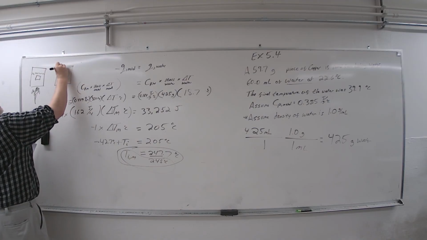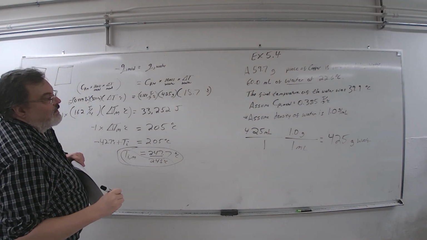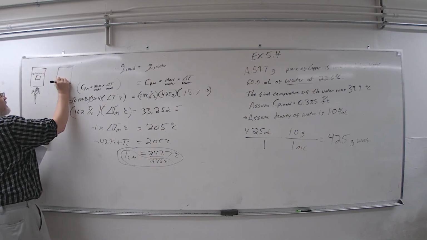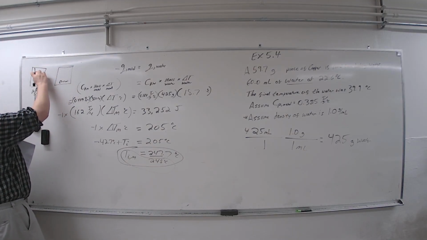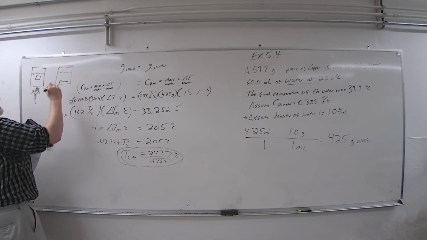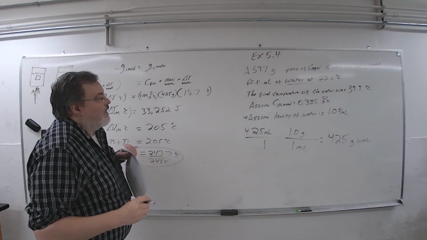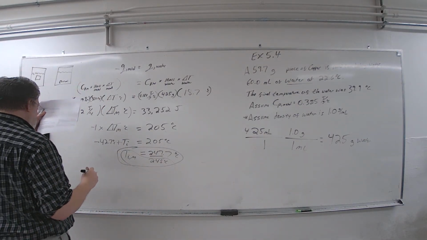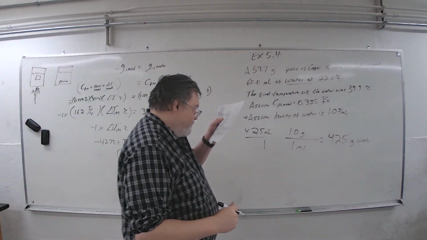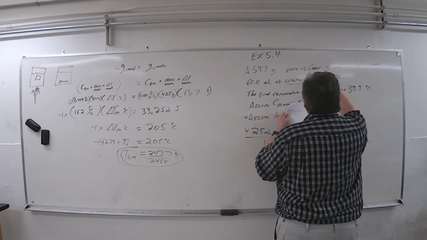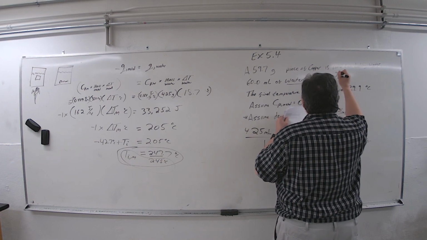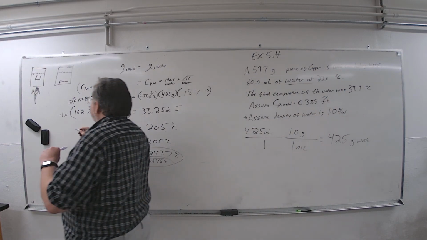Over here is 60 milliliters of water. So you transfer it from the boiling water and you drop it over here into 60 milliliters of water that is at 22.0 degrees C.